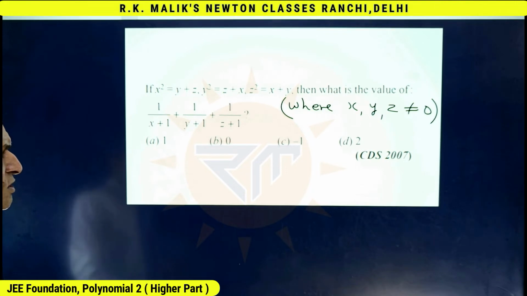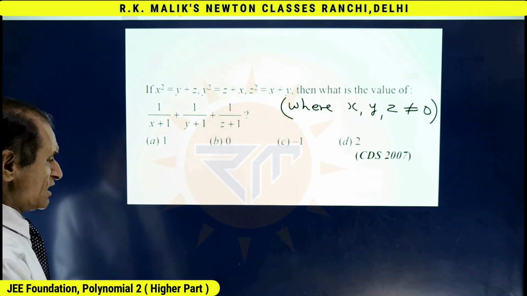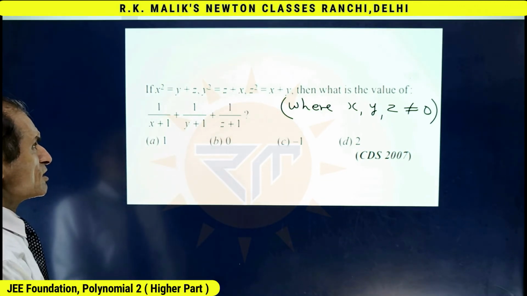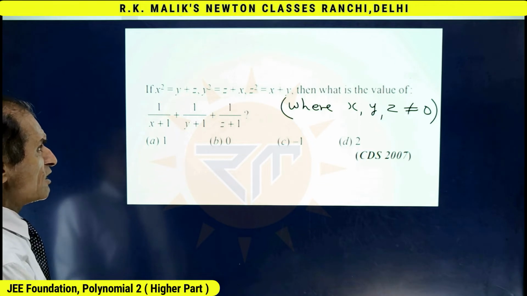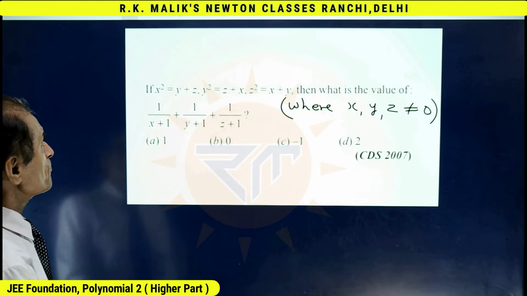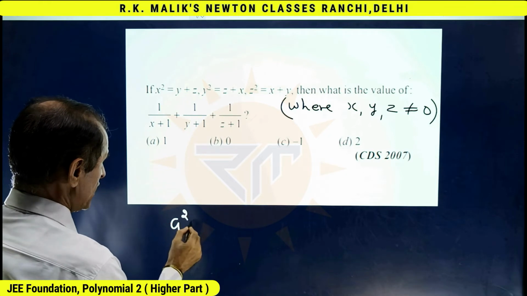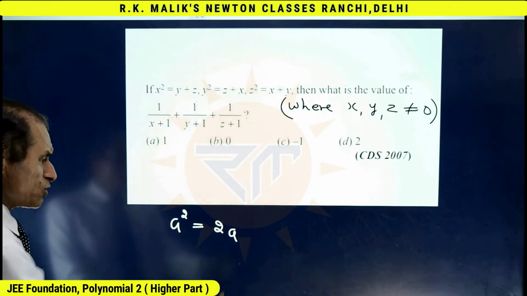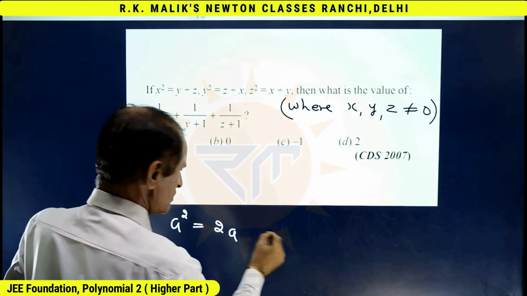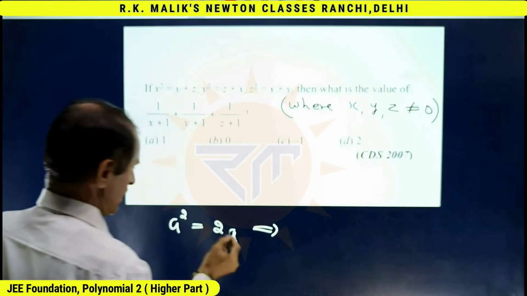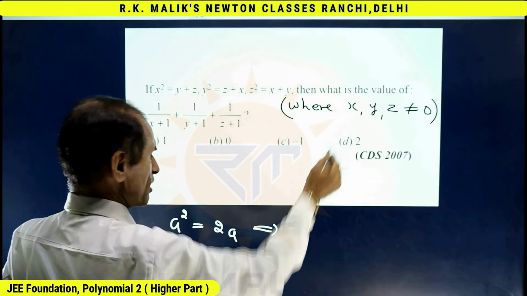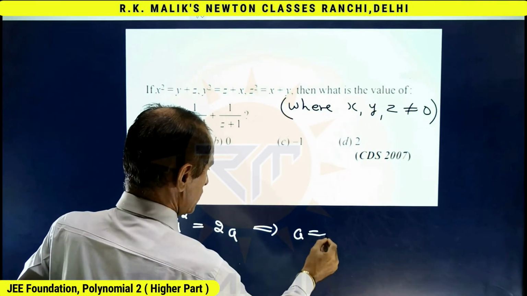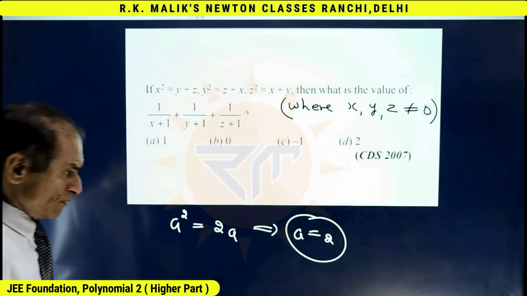And it is to think what values of x, y, z I must take so that all the three conditions are satisfied. Let us take the value of x, y, z all equal to a. I will get a square equal to 2a. Everyone will be reducing to a square equal to 2a. That is because a is non-zero, because x, y, z are non-zero. Hence I get a equal to 2.